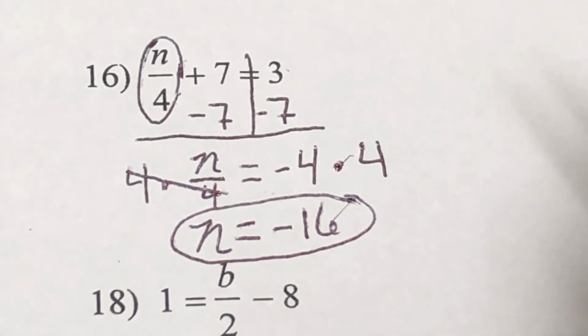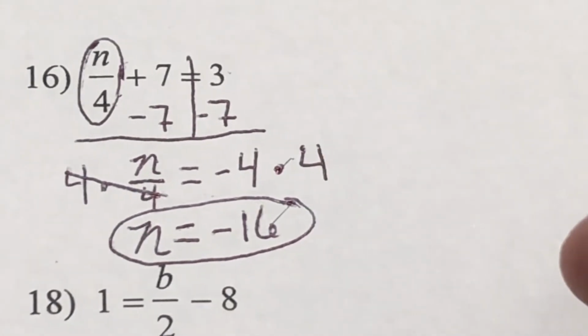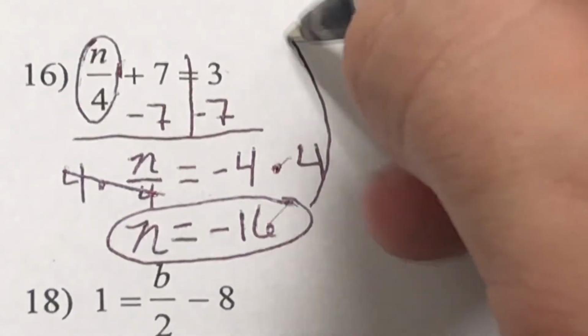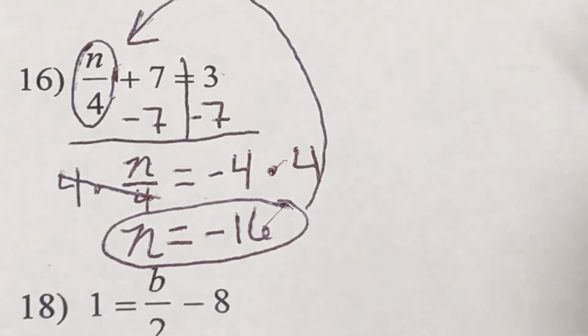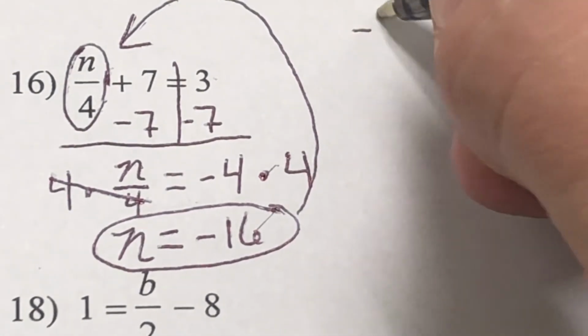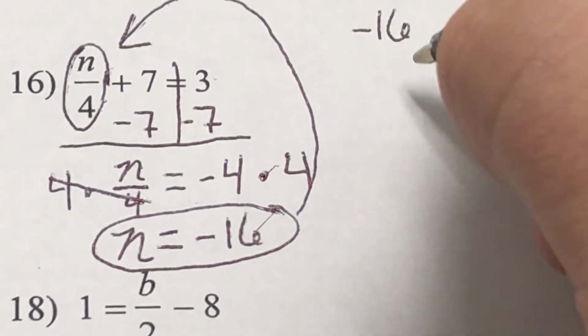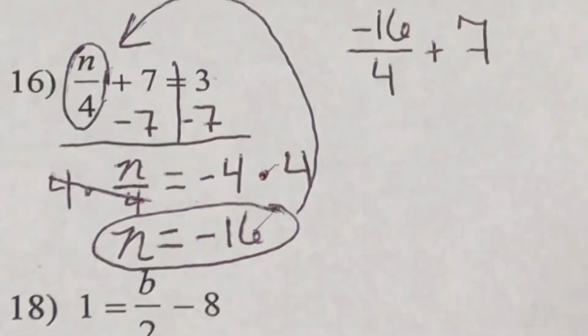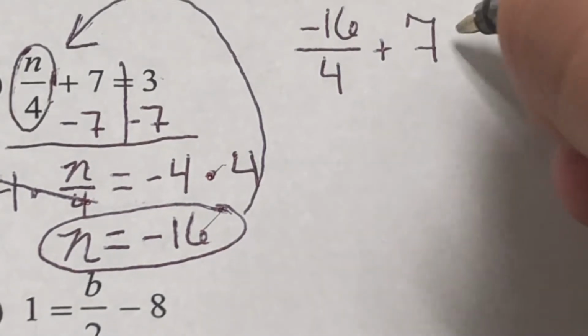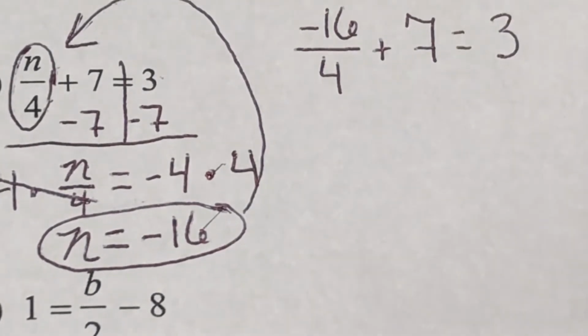Well, holy smokies, Batman. We've done all that work. Let's check our math. Let's plug this back in. We've got negative 16 divided by 4 plus 7. And that should equal 3 if we're correct.